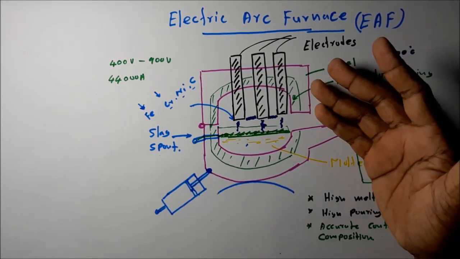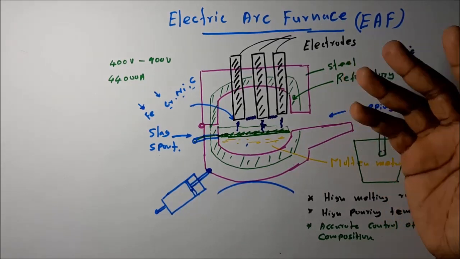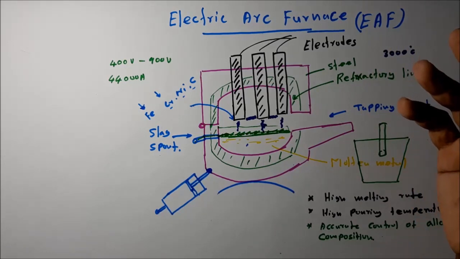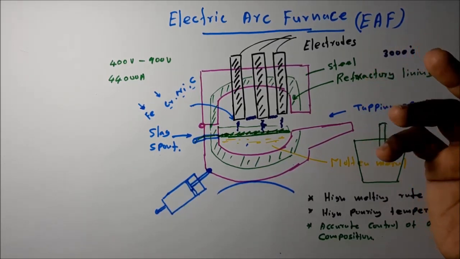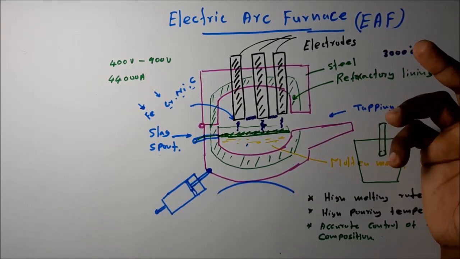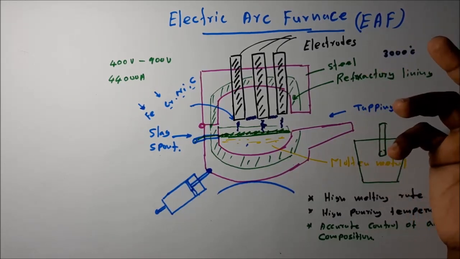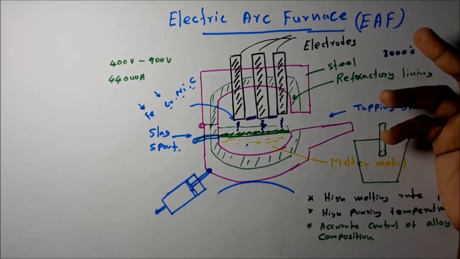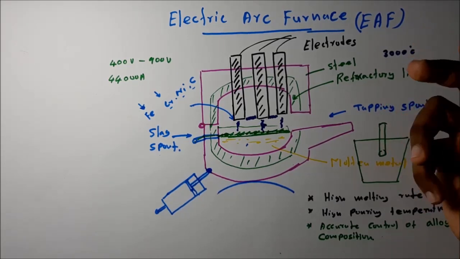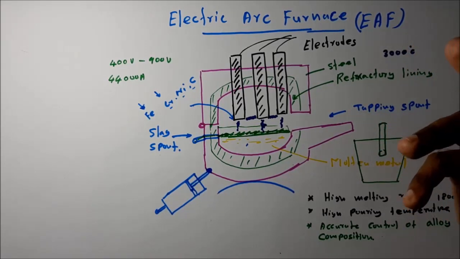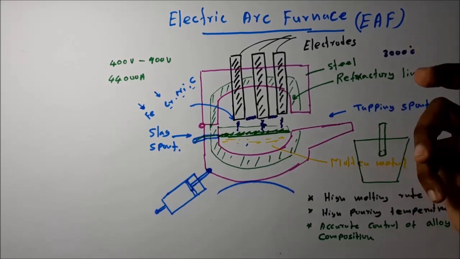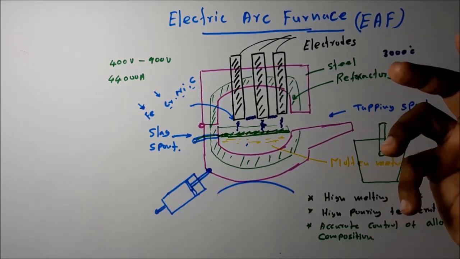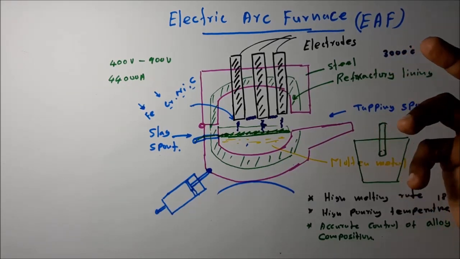In cupola furnaces, we can produce only cast iron. We can't control the carbon percentage in the ferrous metal in cupola operation, because, as I explained in the last class, the molten metal is in direct contact with the carbon coal. So the carbon atoms diffuse into the molten metal, and the carbon percentage increases to around 4%.